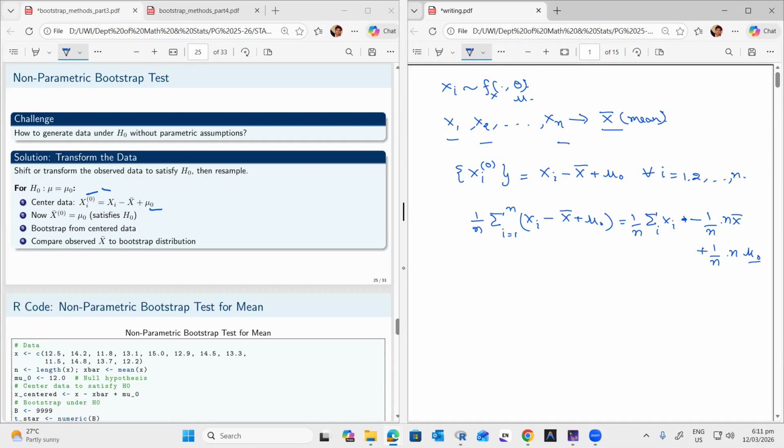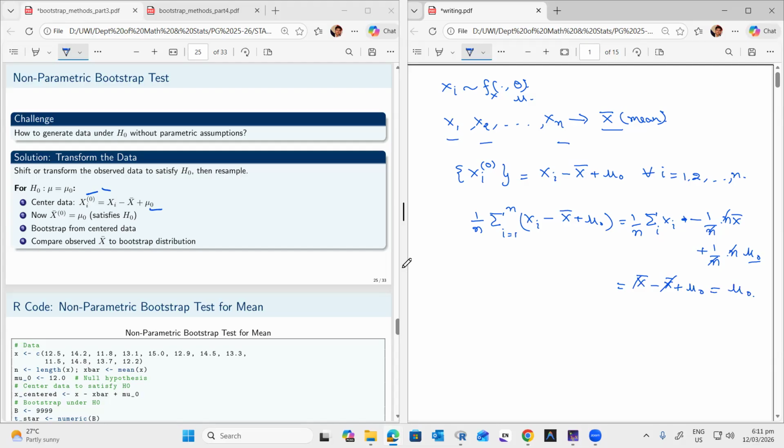The n's cancel out, and 1 upon n summation of xi is x bar. So it becomes x bar minus x bar plus mu naught. That cancels out, so you have mu naught. That's how it is satisfied.